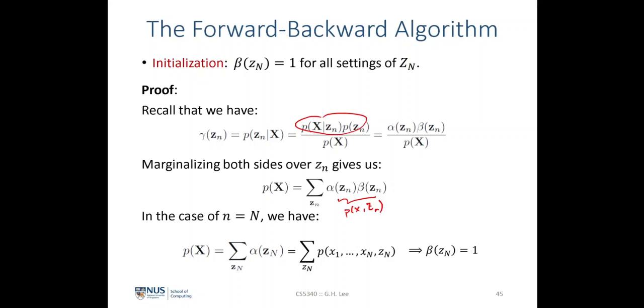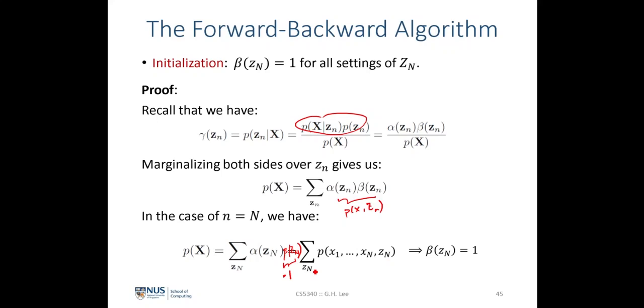And now we can see that in the case of n equal to capital N, we have beta of Z capital N over here. In order for these 2 terms to be equivalent, we can see that it has to be the case where beta Zn must be equal to 1. This is simply because alpha Z of n is equivalent to the joint probability of x1 all the way to xn, and Zn.